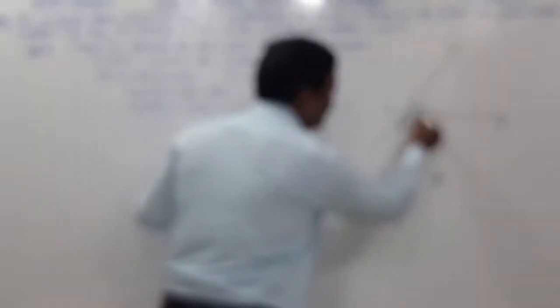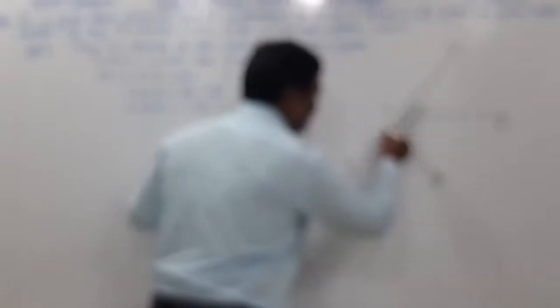Now from here we can get the value of ZYP. Therefore angle ZYP equals 180 minus 64. Subtract it. You will get 10 minus 4 is 6. 7 minus 6 is 1. Means 116 degrees is the measure of this full angle ZYP.